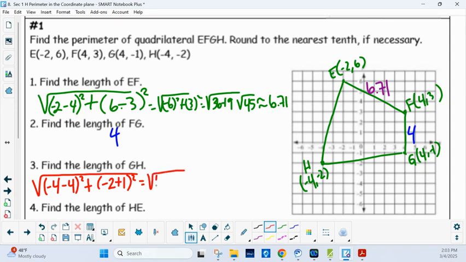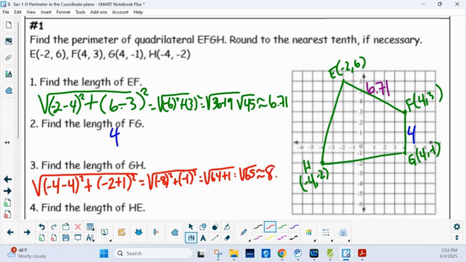Okay, -4 minus 4 is -8. -2 plus 1 is -1. What's -8 squared? What's -1 squared? 1. Adding those, square root of 65, nearest hundredth.